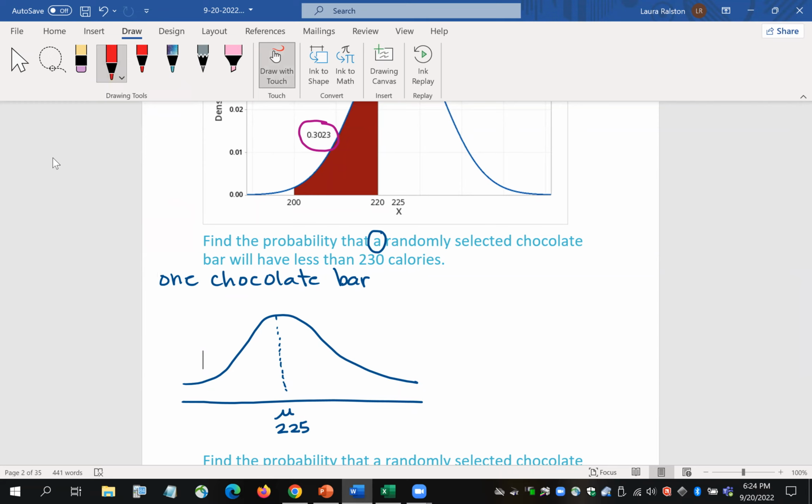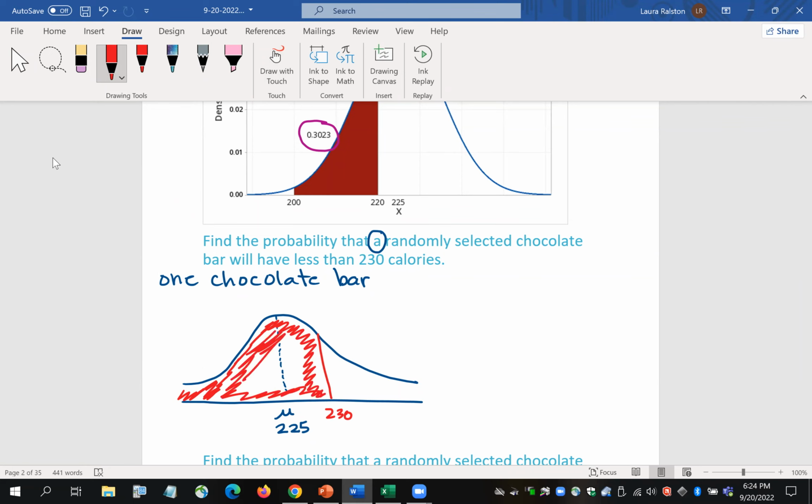So my point of interest is 230, which would be to the right of the mean because 230 is bigger than 225. Think of it as a number line, and we want to be less than that. So I'm looking for this area or this region to the left.